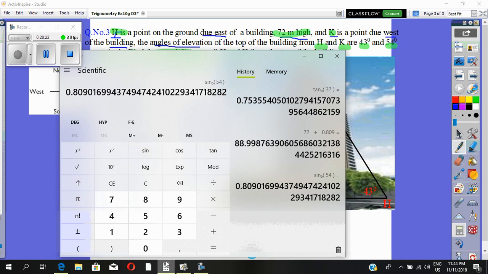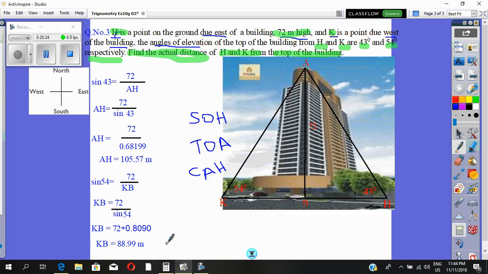I'm taking 4 decimal places, and when we divide it, we get 88.99, or we can say 89 meters.